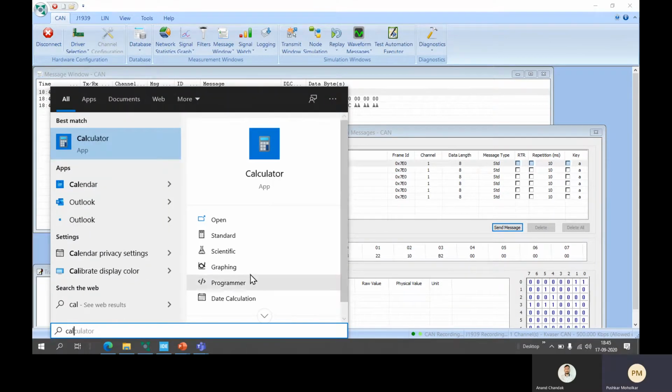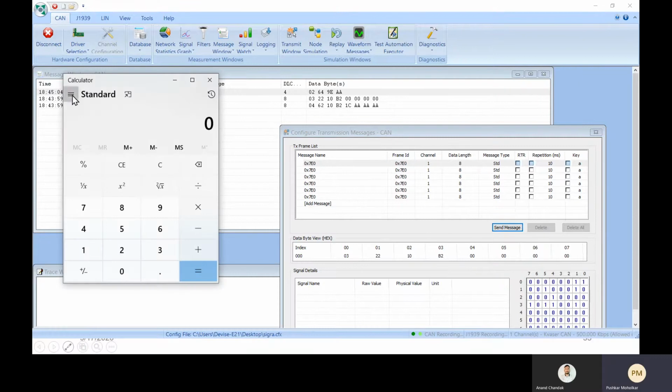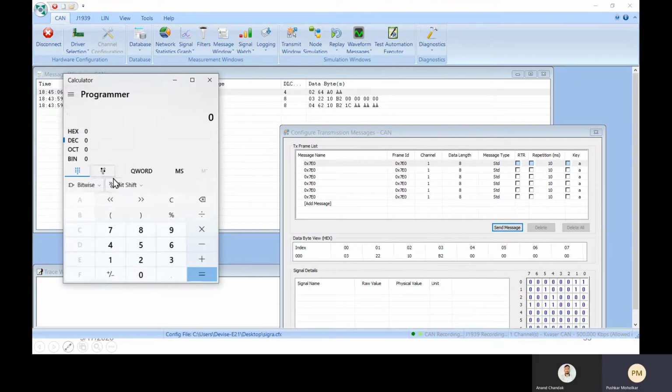So let's convert the 0x1C value to the corresponding decimal equivalent. As you can see, it tells us that the current ambient temperature is 28 degrees Celsius.